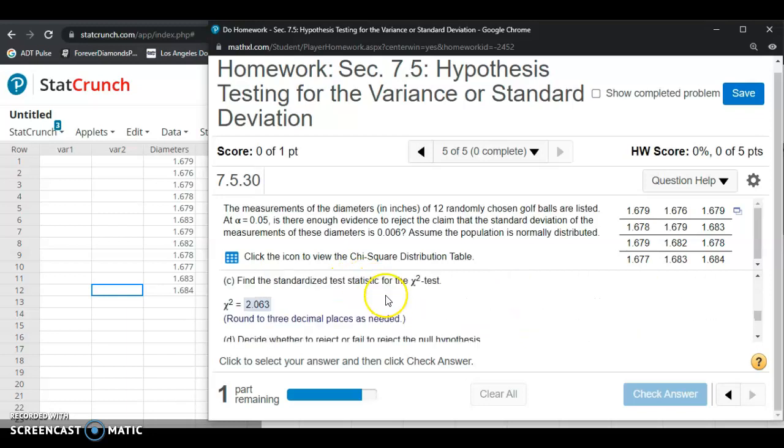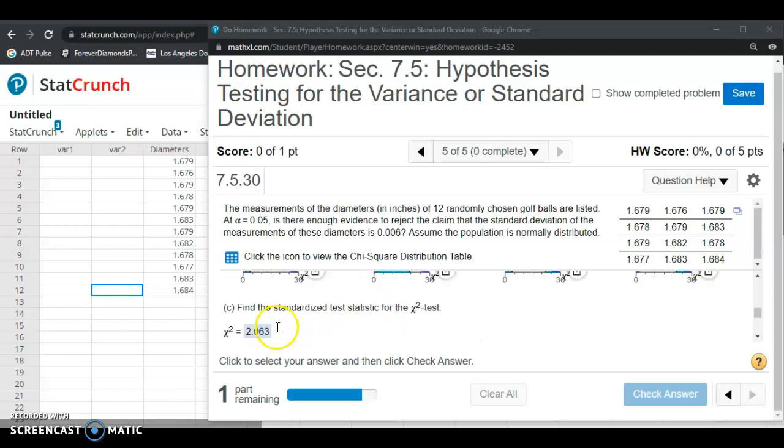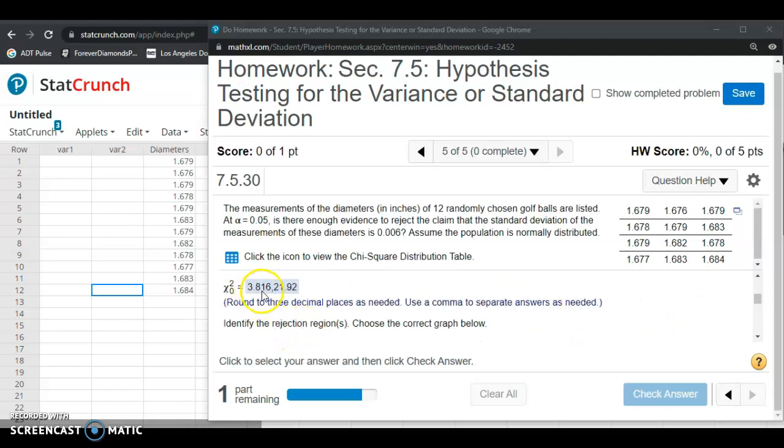So the idea is, if your test statistic is in the rejection region, whether you have one rejection region or two, you reject the null hypothesis. If it's not in the rejection region, for whatever test you're doing, then you don't reject the null hypothesis. So clearly 2.063 is smaller than the lower critical value, so we would reject the null hypothesis.